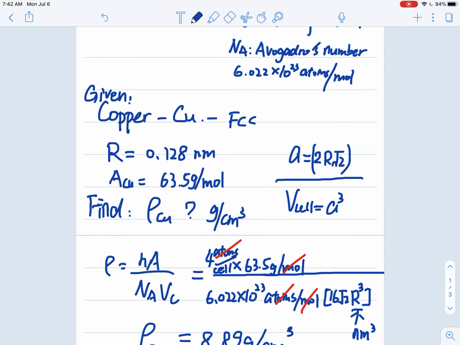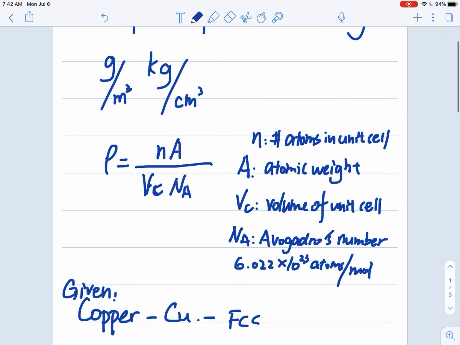And again, the information you'll need to calculate density includes the number of atoms per unit cell, that's n. This information is related to the type of crystal structure of the material. So make sure you understand which material you're talking about and what crystal structure it has.